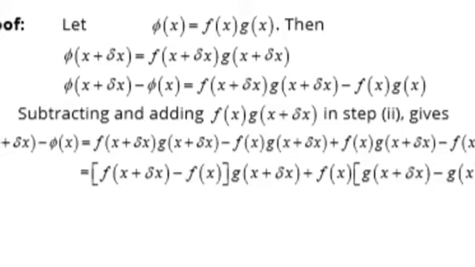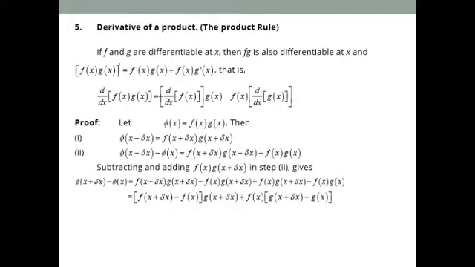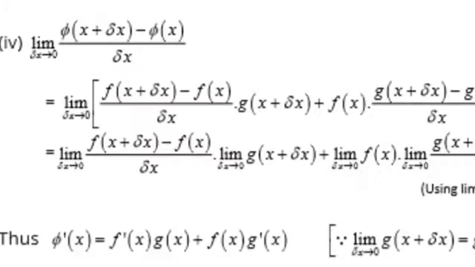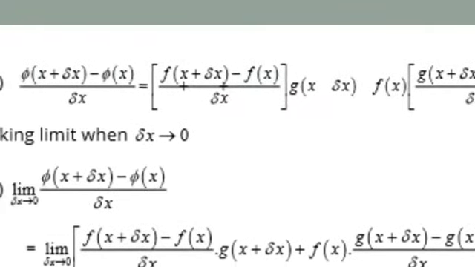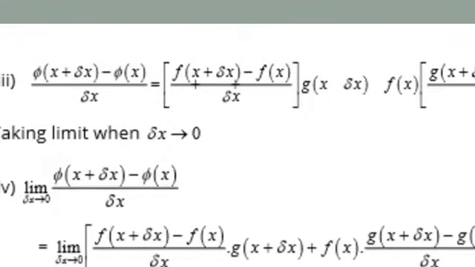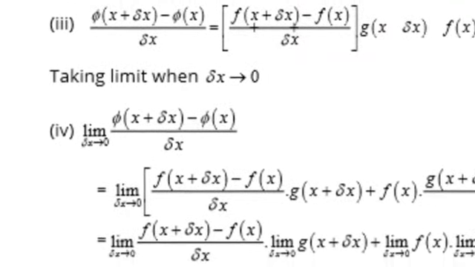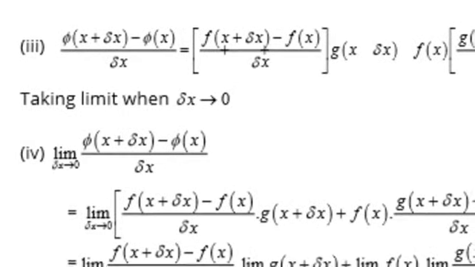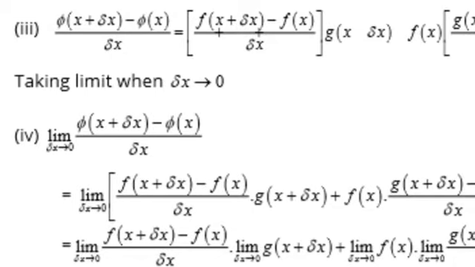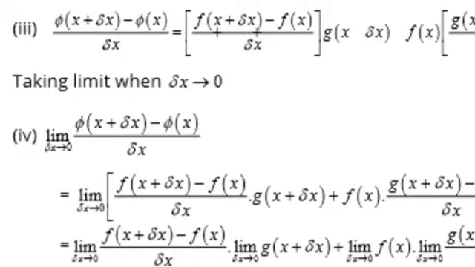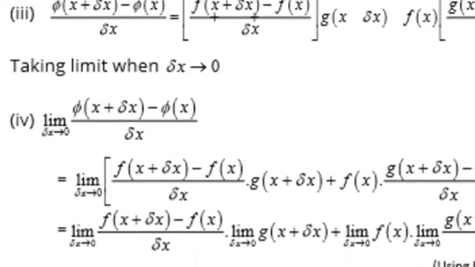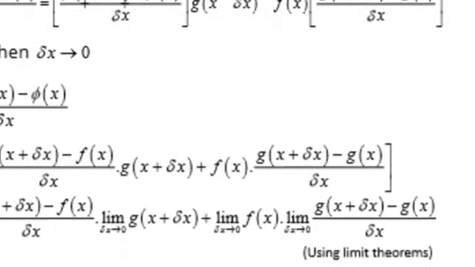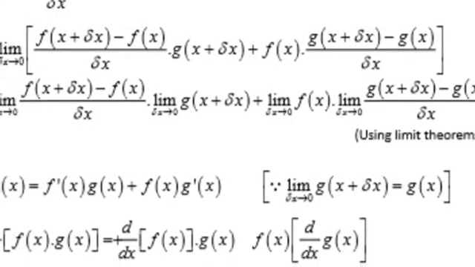Now we divide by delta x. Now taking the limit, on the left hand side we get phi dash of x, and in the second we change the first bracket into f dash of x, and in the second bracket g dash of x.